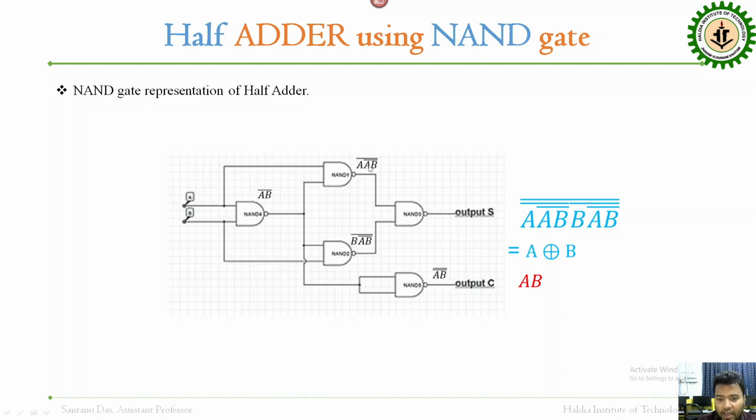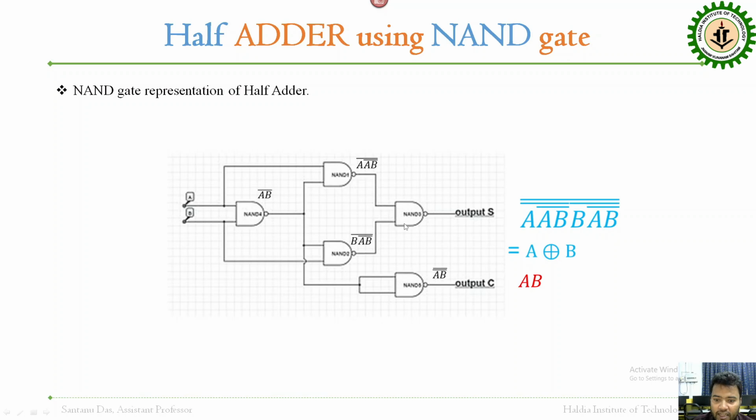So A and the result AB bar are again going through this NAND gate. Similarly, for this NAND gate, we already have AB bar, and the input B is also coming through this NAND gate. So B into AB bar, whole bar.